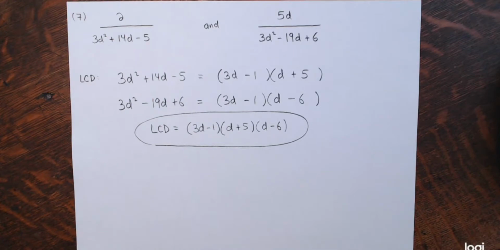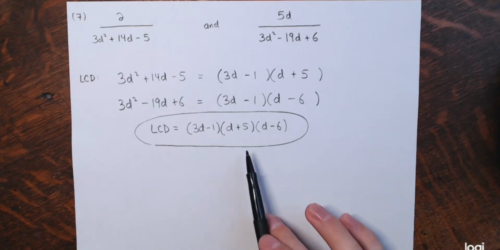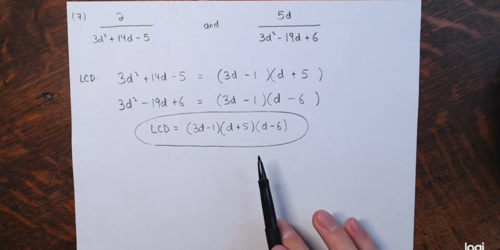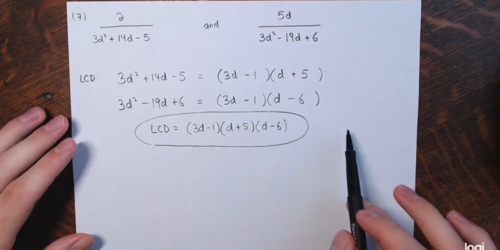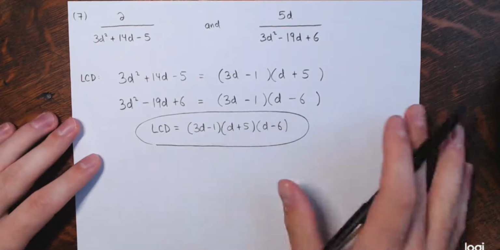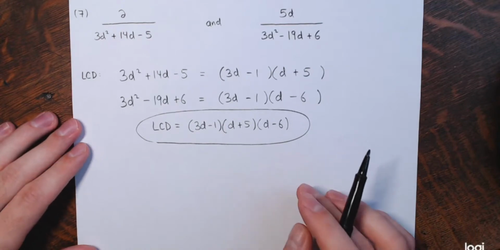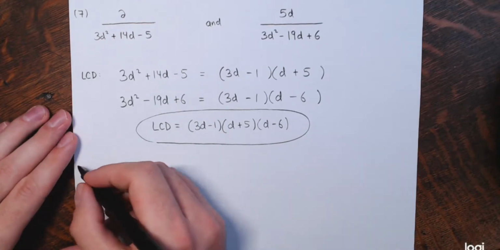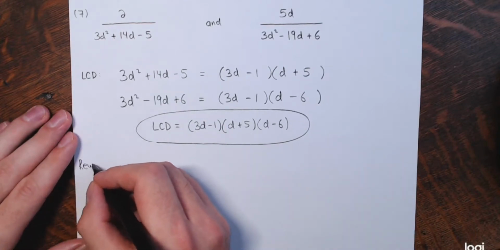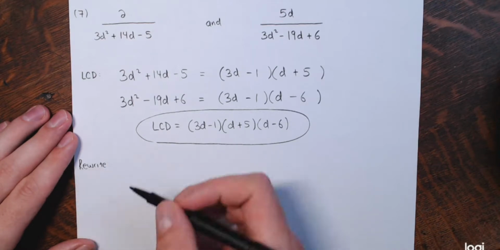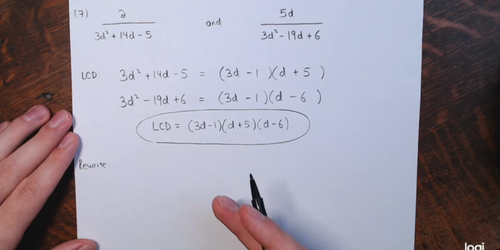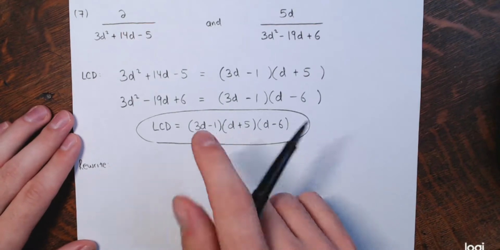Now if you'd like, again, leave it in factored form. That's what I'm going to do. Or you can actually multiply this out and write the LCD as a fully formed polynomial. Next, we'll rewrite the fractions as equivalent fractions with this denominator.